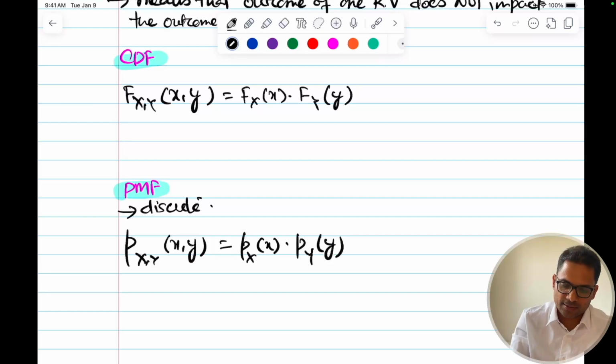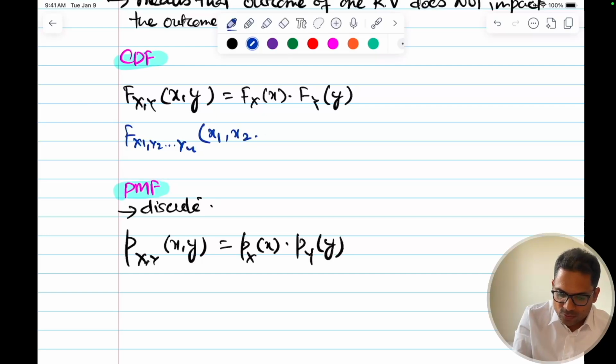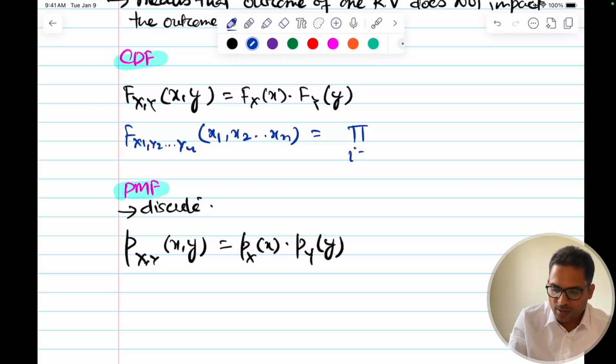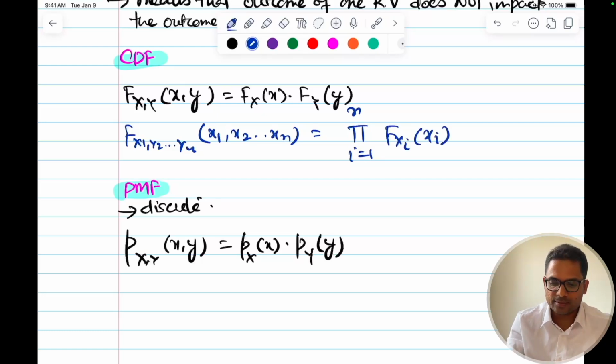You can generalize this and write F of X1, X2, and so on till Xn, which is equal to the product of i equal to 1 to n of F_Xi of xi. This symbol pi, earlier we saw sigma, which was summation. This is for product.